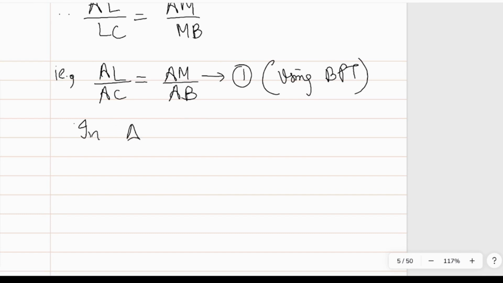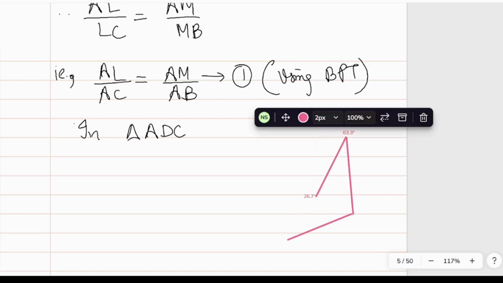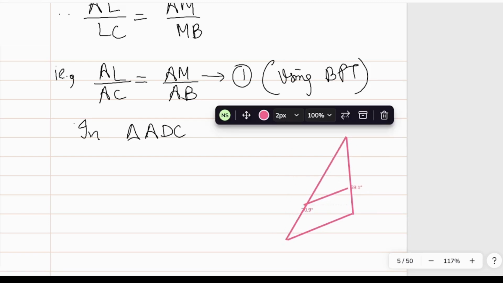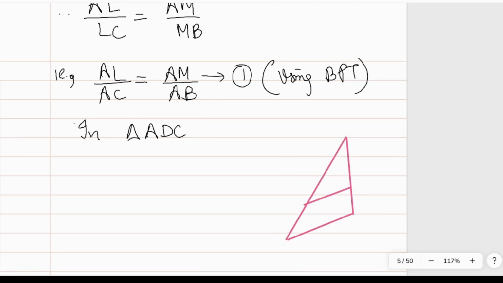In triangle ADC, what I can write? Okay, first let me draw the figure. This is A, this is N, this is L, this is D, and this is C. Here again given NL is parallel to CD.